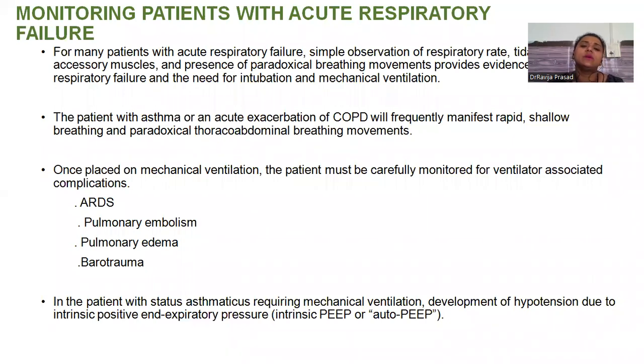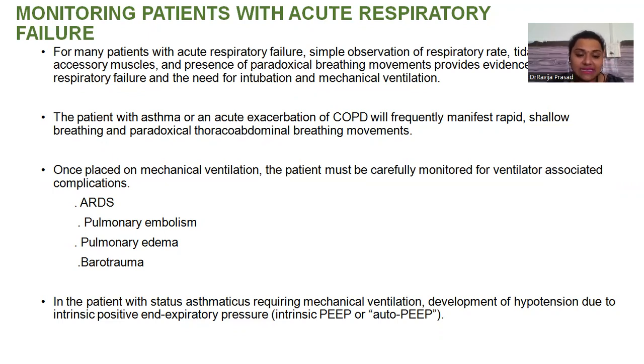Second, the patient with asthma or acute exacerbation of COPD frequently manifests rapid shallow breathing and thoraco-abdominal breathing movement. Once placed on mechanical ventilation, the patient must be carefully monitored for ventilator-associated complications, like ARDS, pulmonary embolism, pulmonary edema, barotrauma.